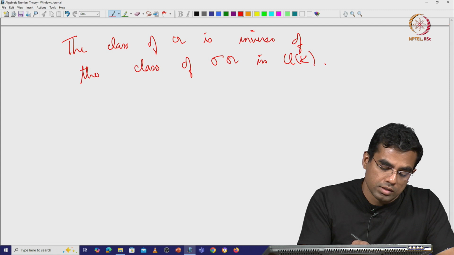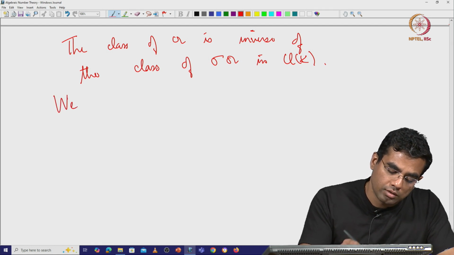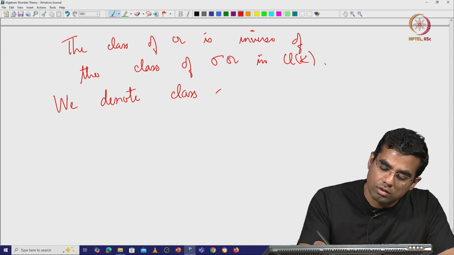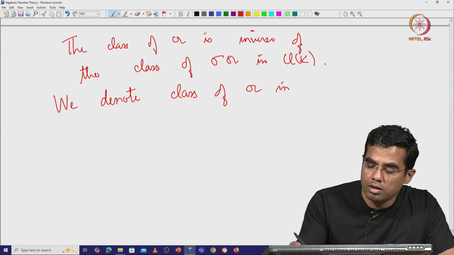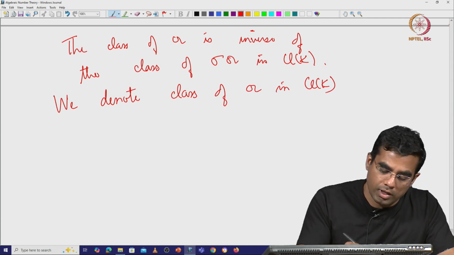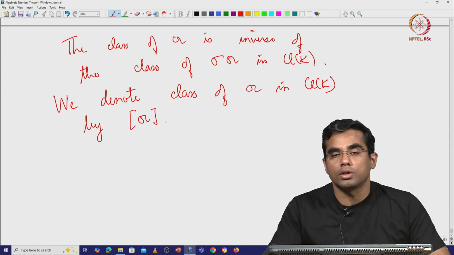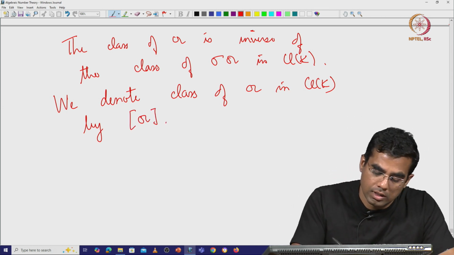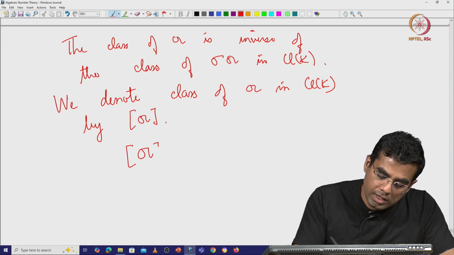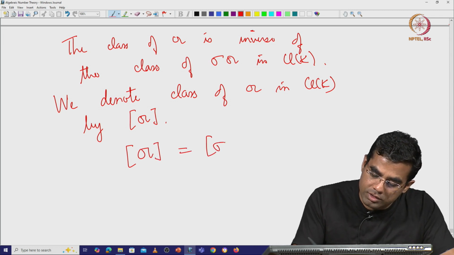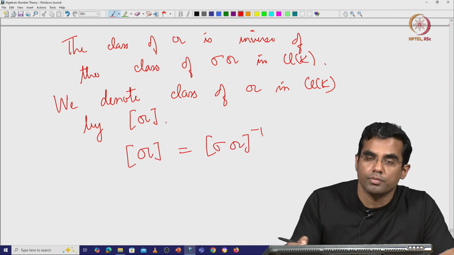So, we denote the class of A in the ideal class group of K by square bracket A. That will denote the equivalence classes of ideals. So, what I have said is that [A] is equal to [sigma A] inverse.